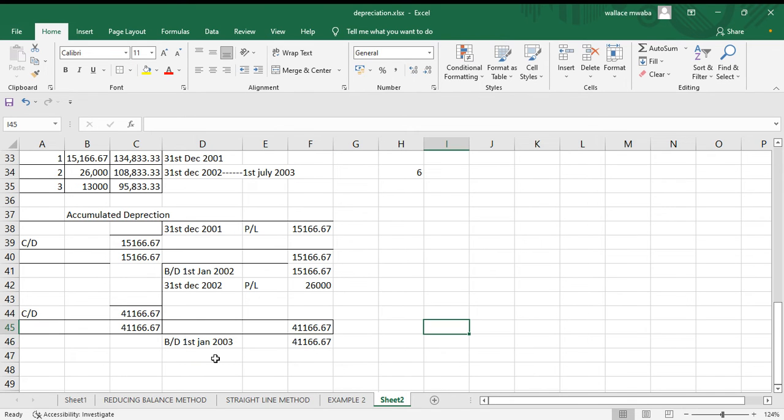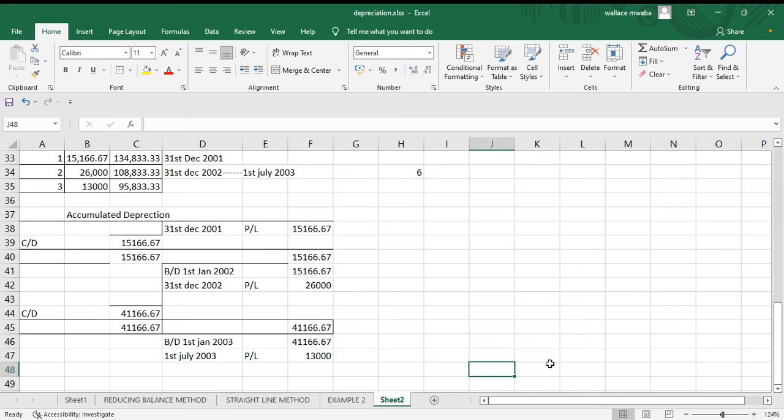All right. And then on the 1st of July 2003, we're going to credit accumulated depreciation 13,000.